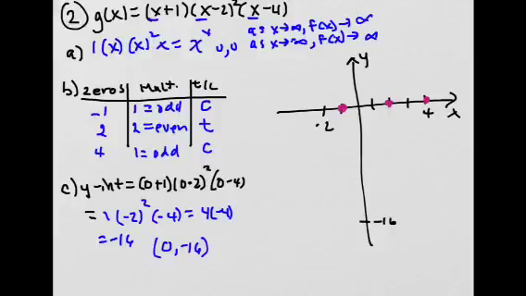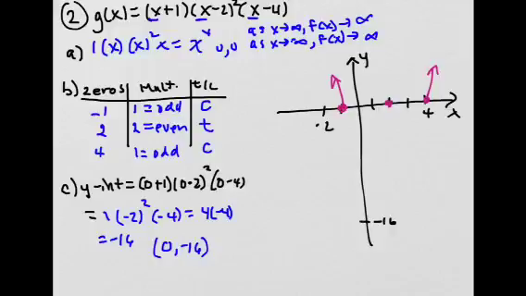Next we sketch the end behavior, so both ends of this graph are going up. Okay, so it's an up, up. So this is going to go this way, and it's going to go this way. It's going to be tangent at 2, and it's going to cross through negative 1 and 4.